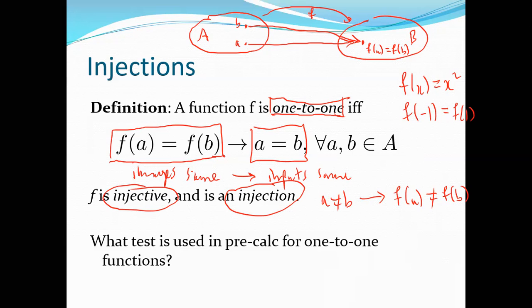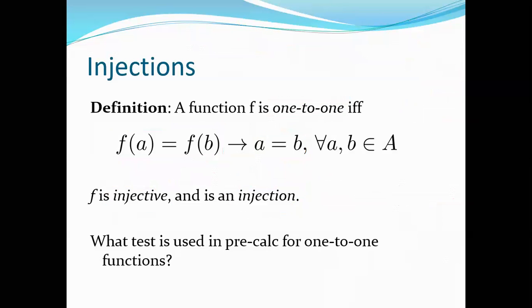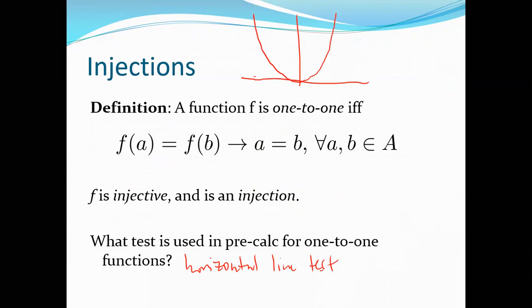Does that make sense? So I ask you, what test could we use from pre-calculus? Someone already mentioned the vertical line test. Horizontal line test. Yes, the so-called horizontal line test. Why? Well, not to keep using the same example over and over again, but this is f of x equal to x squared.